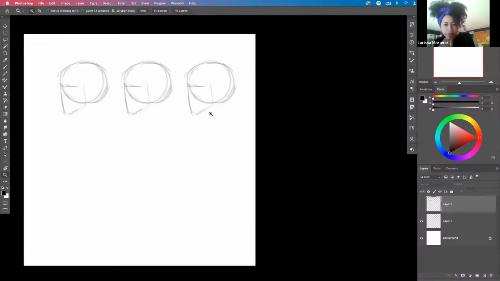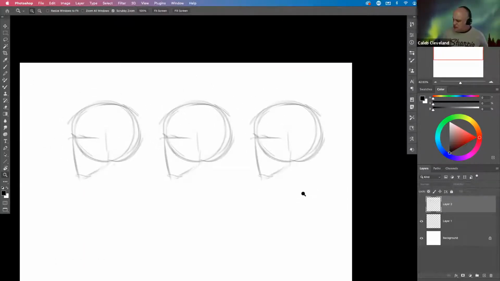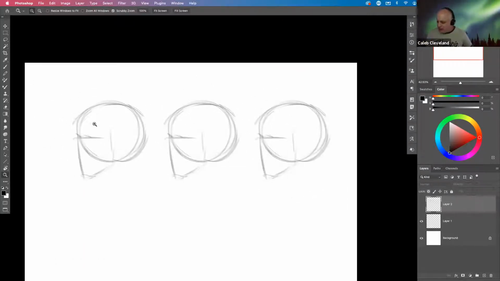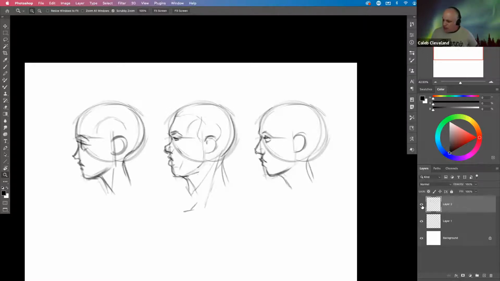So basically, I was taking the exact same proportions, more or less. Here's a really fast sketched out ellipse. It's not particularly refined or anything. I just duplicated it three times, and then started playing around with different placement and modifying it a little bit.